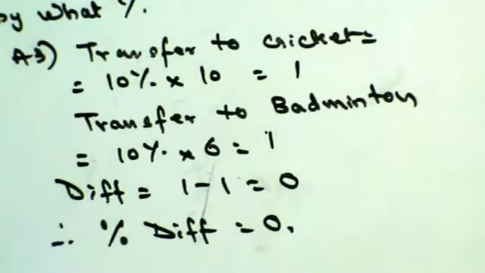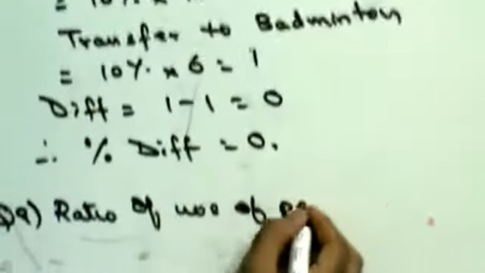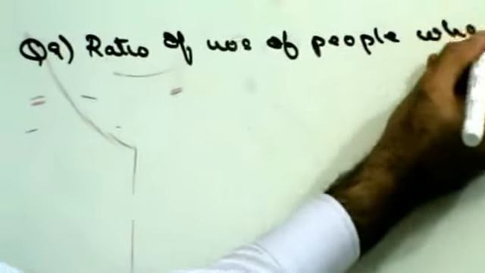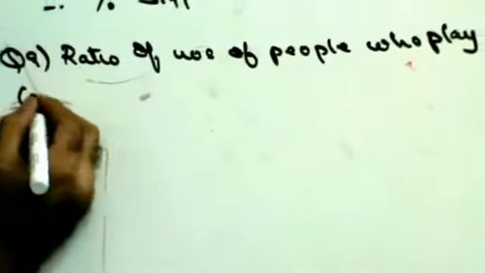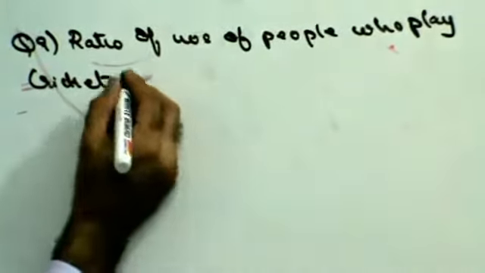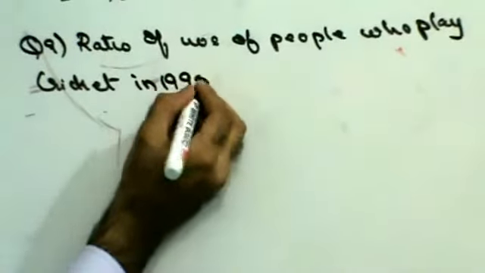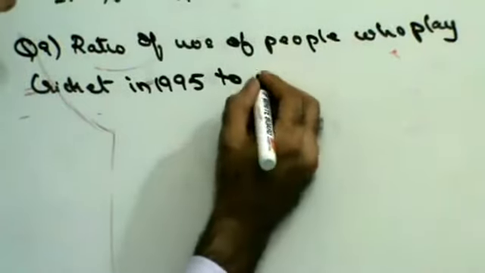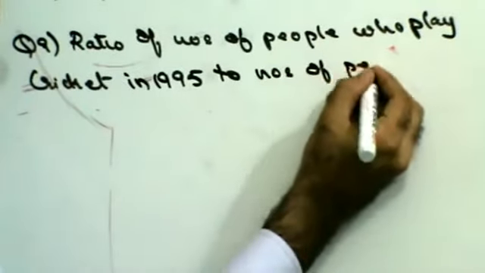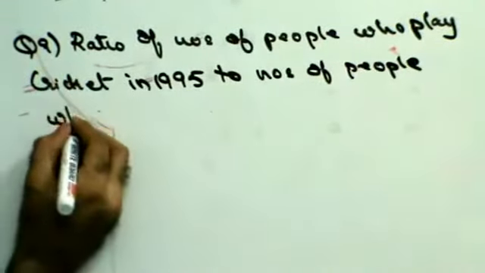Question 9. The ratio of the number of people who play cricket only in 1995 to the number of people who play badminton in 1994.